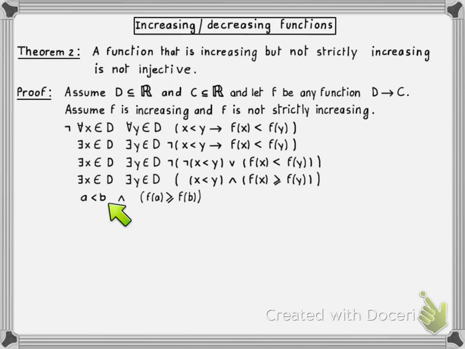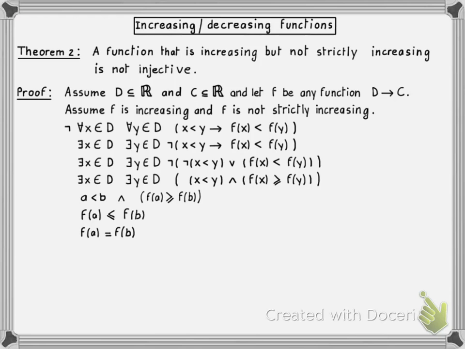If b is greater than a and f is increasing, then it must be the case that f of b is greater than or equal to f of a. But this inequality, in conjunction with this one that we already established, together imply that f of a is equal to f of b.